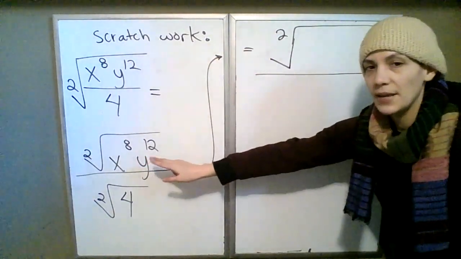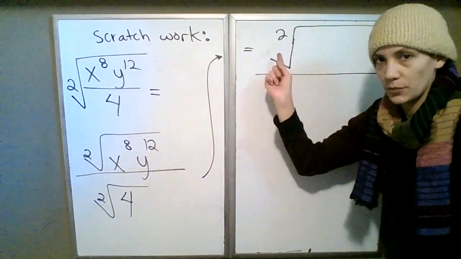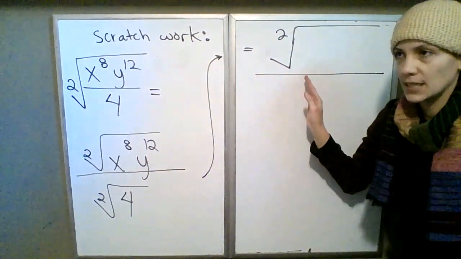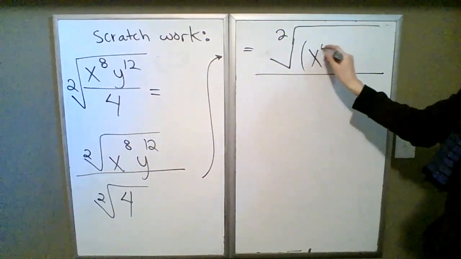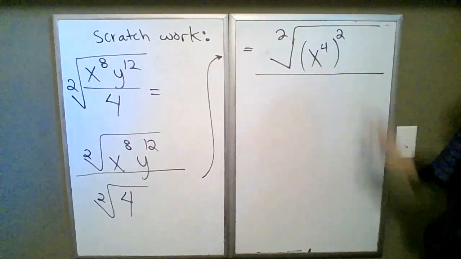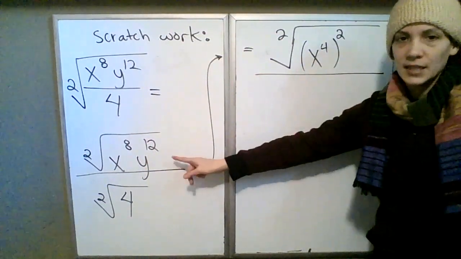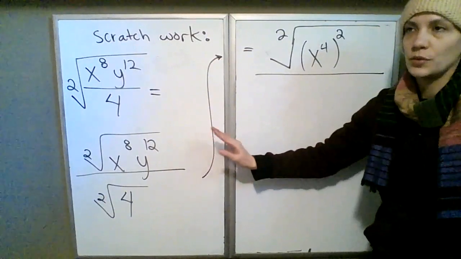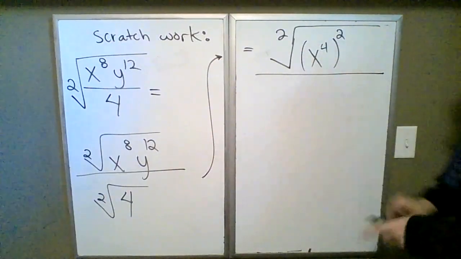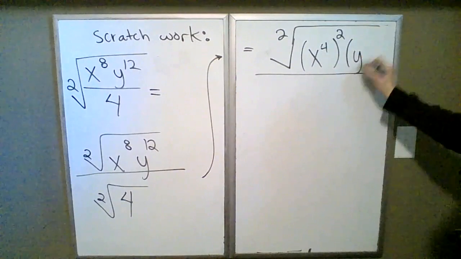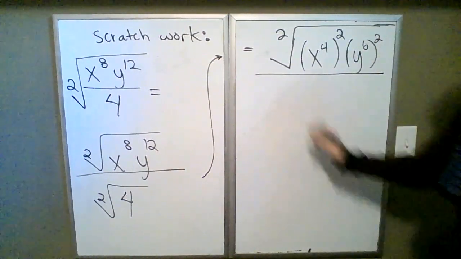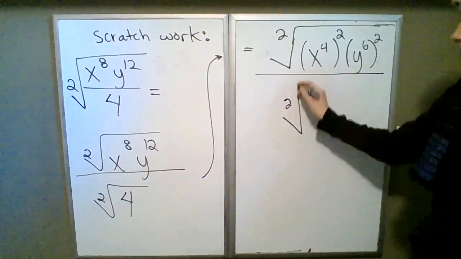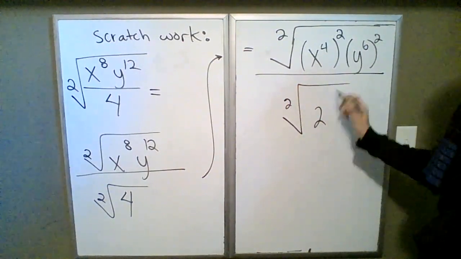Okay, so I want to have a power of 2 to match that root 2. So we'll write x to the 8th as x to the 4th squared. Same kind of thing for y to the 12th. I can choose y to the 6th squared. And so for 2 squared, square root of 2 squared.